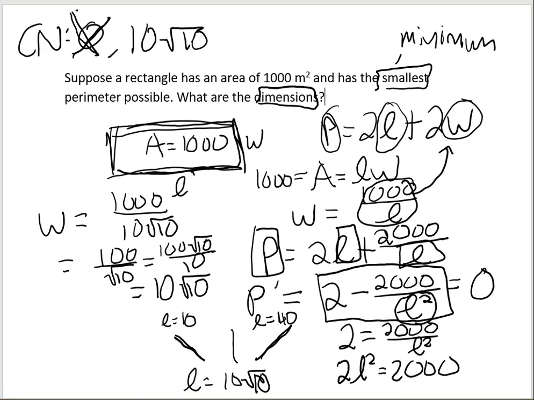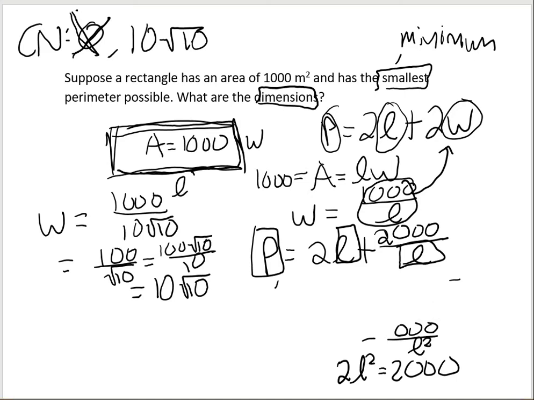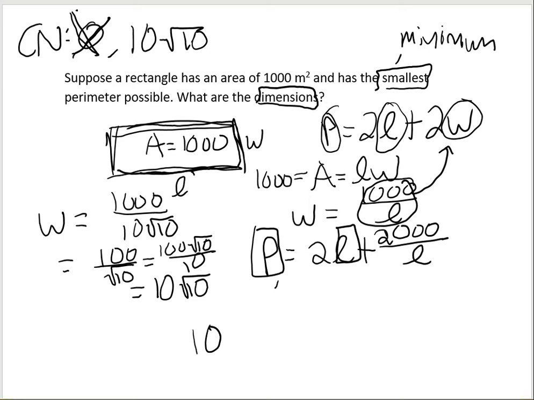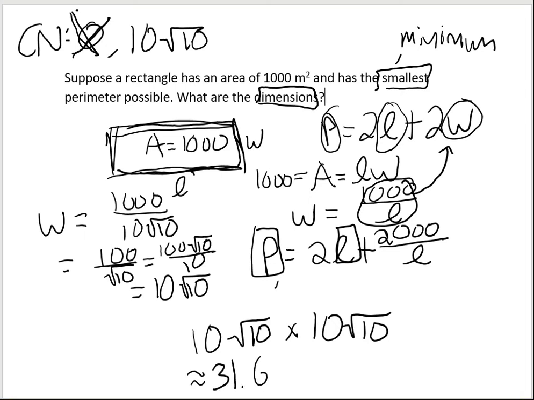So, in conclusion, our dimensions to have the smallest perimeter possible form a square that is 10 root 10 by 10 root 10, which is approximately 31.62 by 31.62 meters squared.